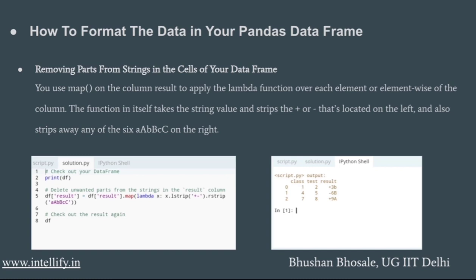For example, I have a data frame where one column has values like 3a, 3b, 3c, and I don't want alphabetical values in that column. I want to remove all the alphabetical values, and I just want numerical values to stay there. So what I would do is I would use the remove function.